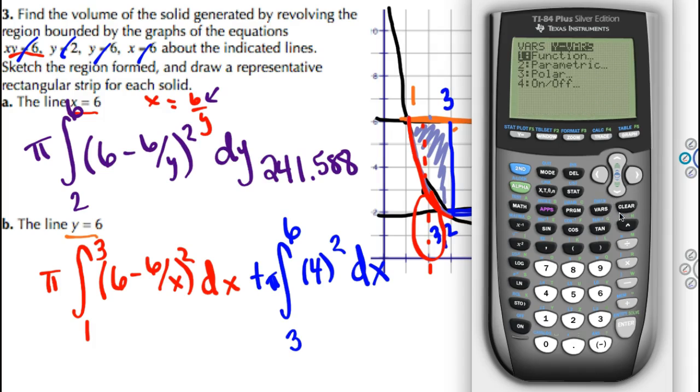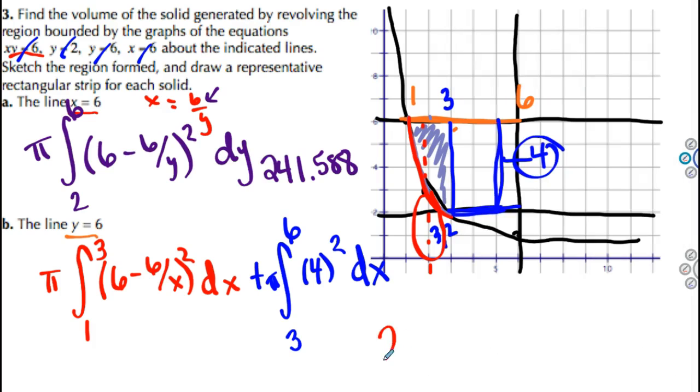So vars over enter, it's in y2. Don't forget to square it, and that goes from 3 to 6. Oops, I have a syntax error. What did I do? Oh, I forgot x, 3, 6. There we go. And so that gives me a total volume of 203.889.